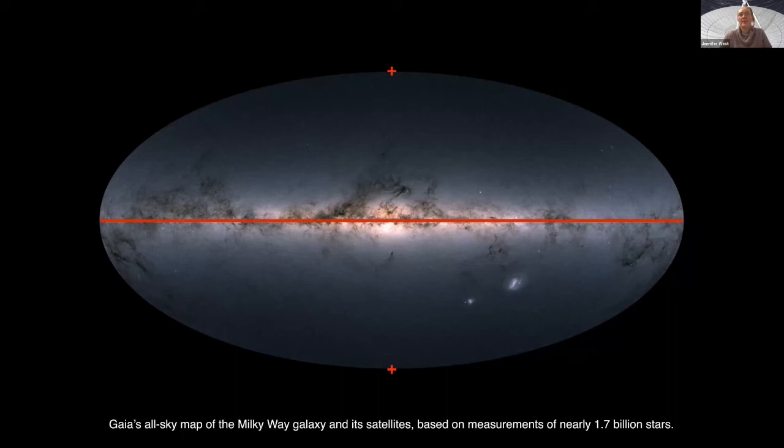So when astronomers talk about our galaxy, we can talk about the position within the galaxy, and we can often view the maps of our galaxy in this kind of representation where the equator goes through the middle of our image here, and we have the poles at the top and the bottom. So this is more or less what we see with our eyes or what we see with a camera or an optical telescope. But I am a radio astronomer.